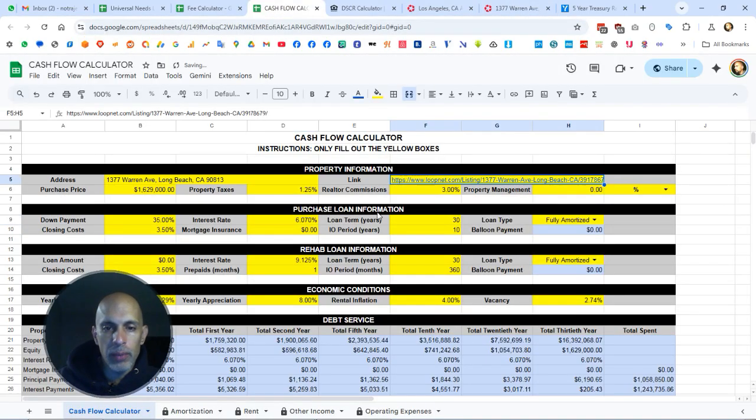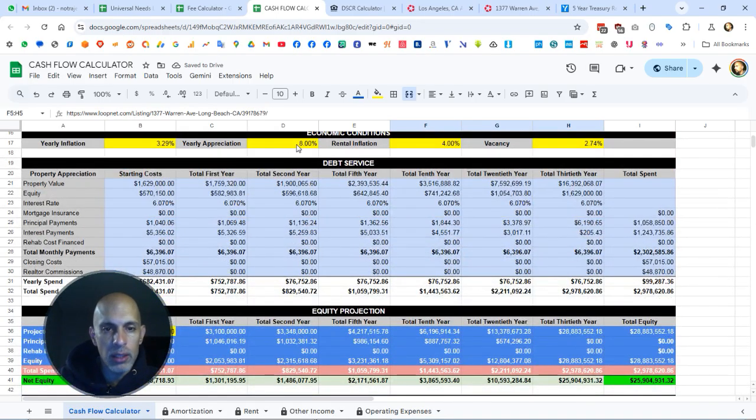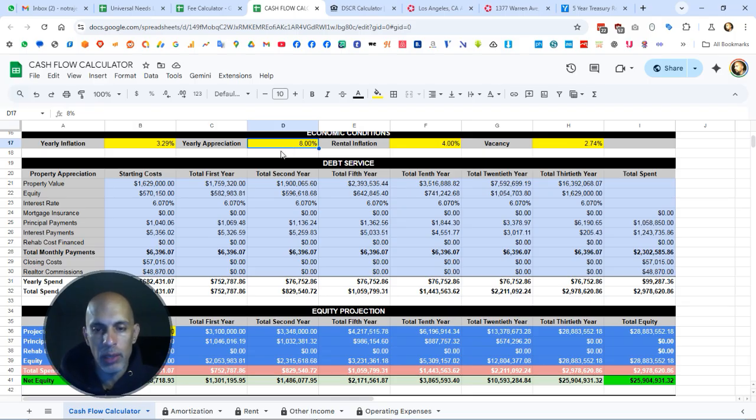Economic factors are pretty much going to stay the same because it is Long Beach, and it's hard to find long-term economic data specific to zip codes, although I think that would be a great tool. If somebody's out there willing to do it, please do it. You'd make a lot of money doing so. Maybe I ought to do it.